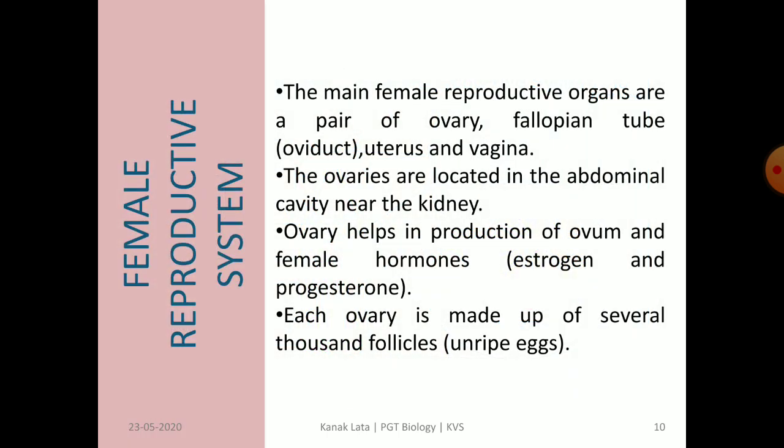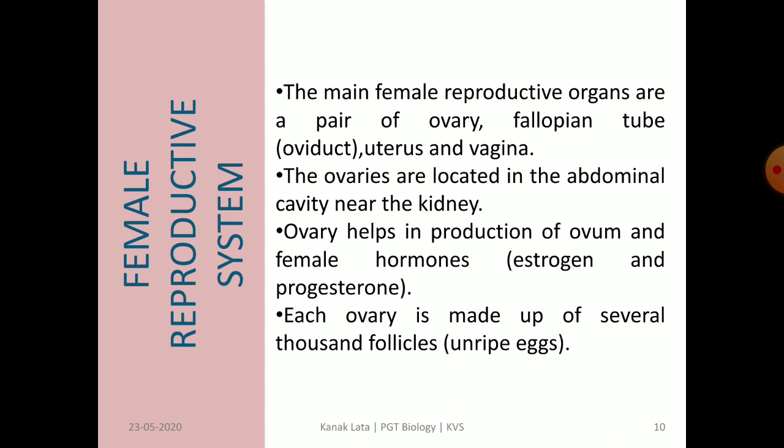Now let us see the last topic of today's session, that is the female reproductive system. The main female reproductive organs are a pair of ovary, fallopian tube, uterus and vagina. The ovaries are also located in the abdominal cavity near the kidney.